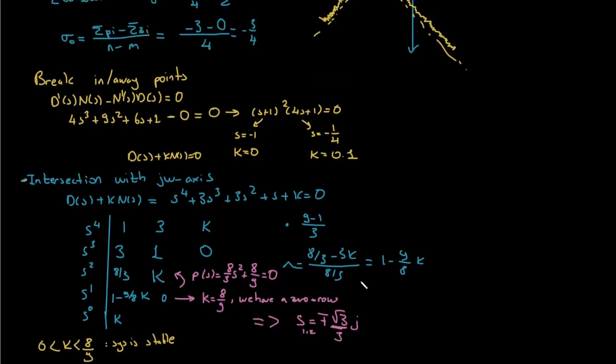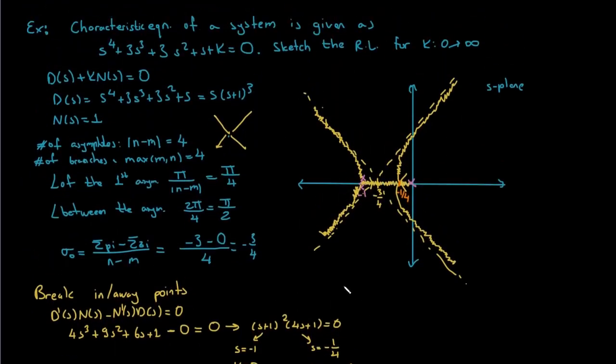So if we go to our root locus, we can write down these points as j square root of 3 over 3, and this is minus j square root of 3 over 3.